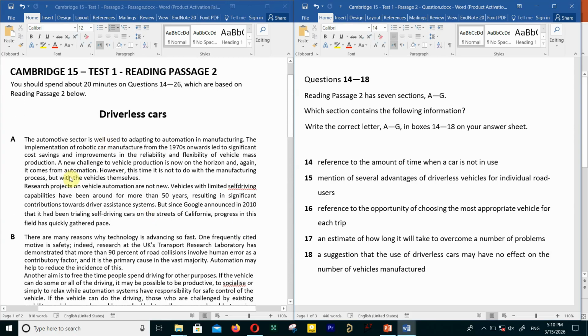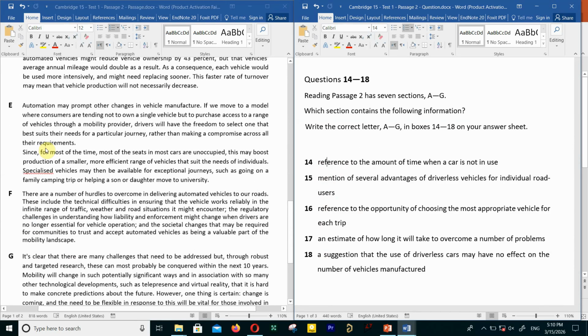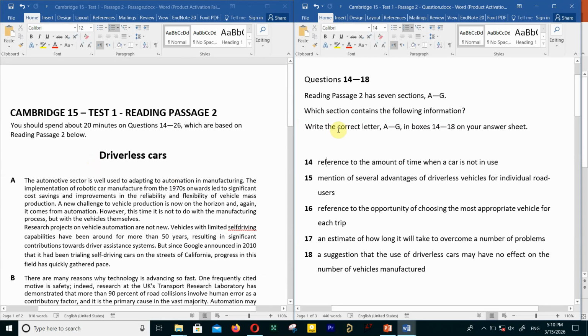So maybe after one or two sentences, I'm going to decide if I pick this one or not. We have just 5 questions and we have 1, 2, 3, 4, 5, 6, 7 paragraphs. So 2 of them are additional actually, so be careful about that.